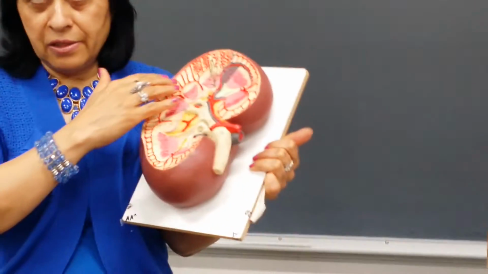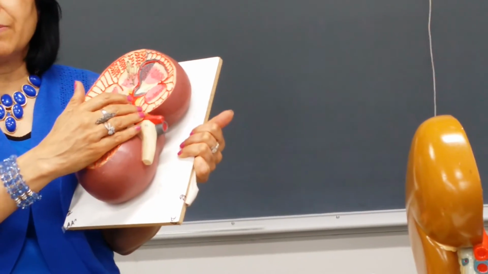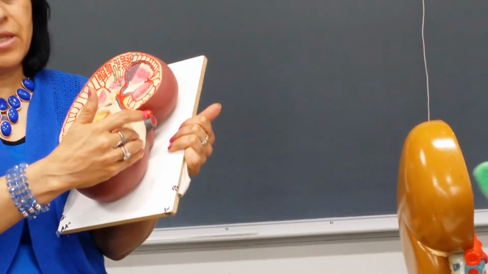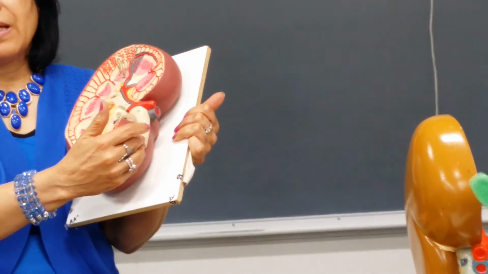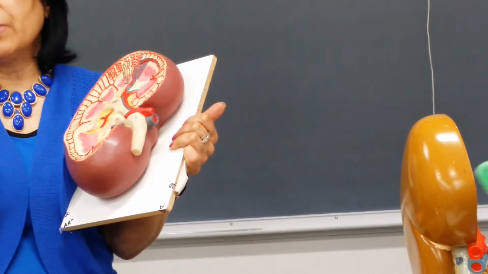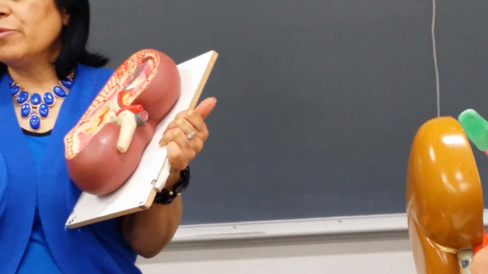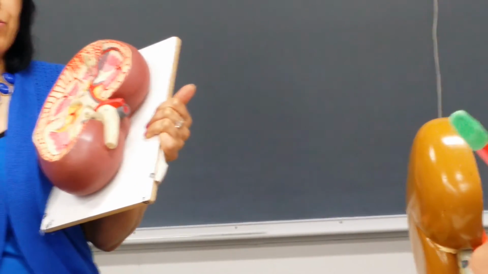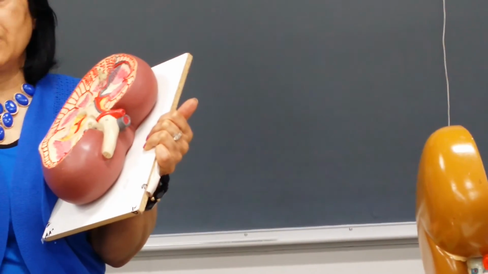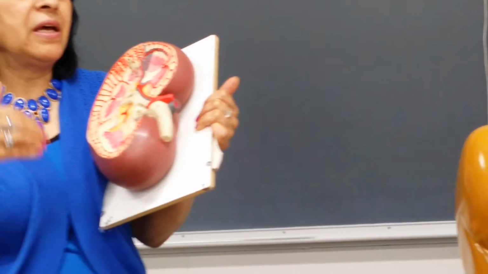So all of the urine that is being collected in this sequence from minor calyces to major to renal pelvis would then go into the ureter. And from ureter it will go into the urinary bladder. From urinary bladder it will travel through urethra when voiding or urination happens. And then it escapes by the opening which is urethral orifice.